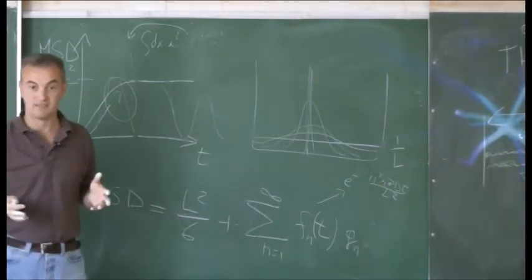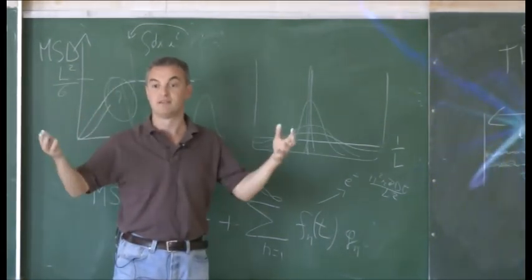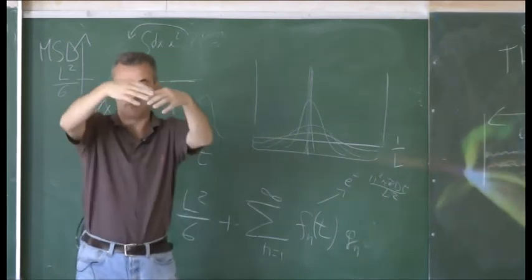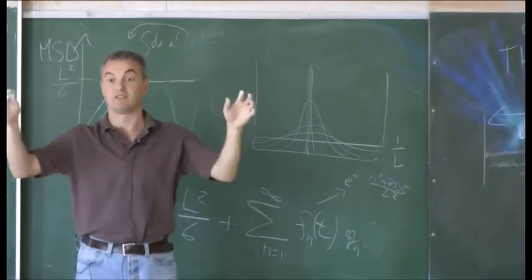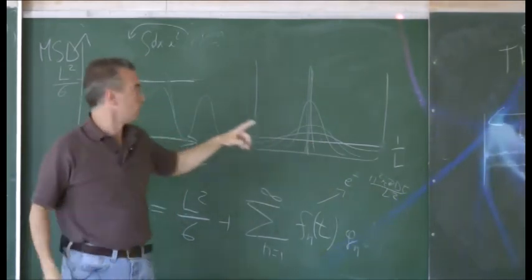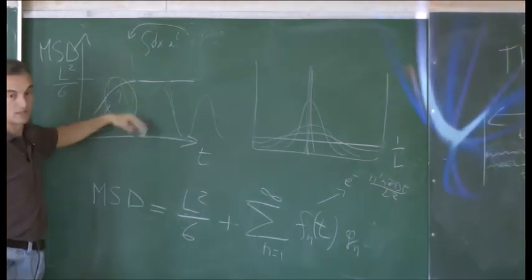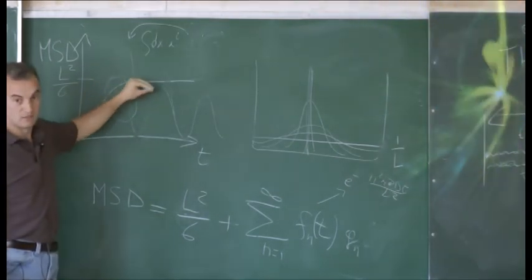Since the box is bounded, so you have a finite domain, if you wait long enough, it's equally likely to find it anywhere. So you know that you have to expect it to be there. And therefore the behavior from full oscillation will be damping the oscillation.